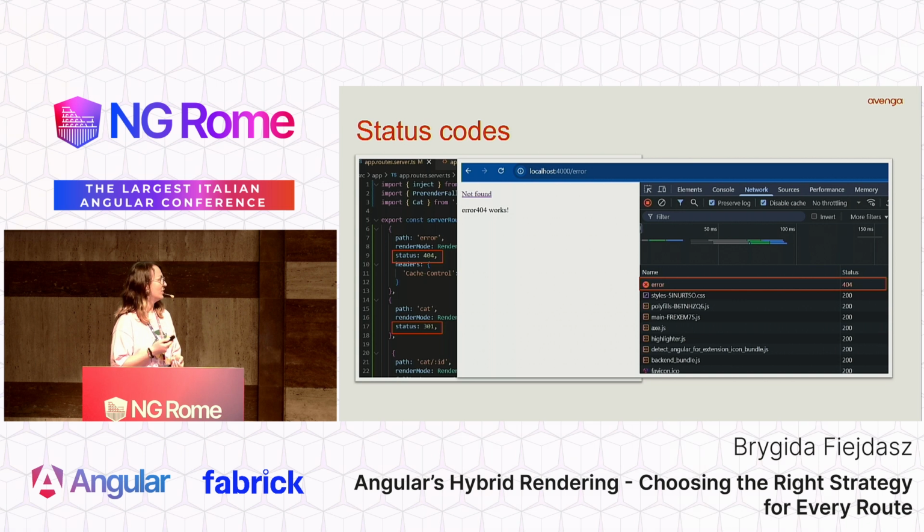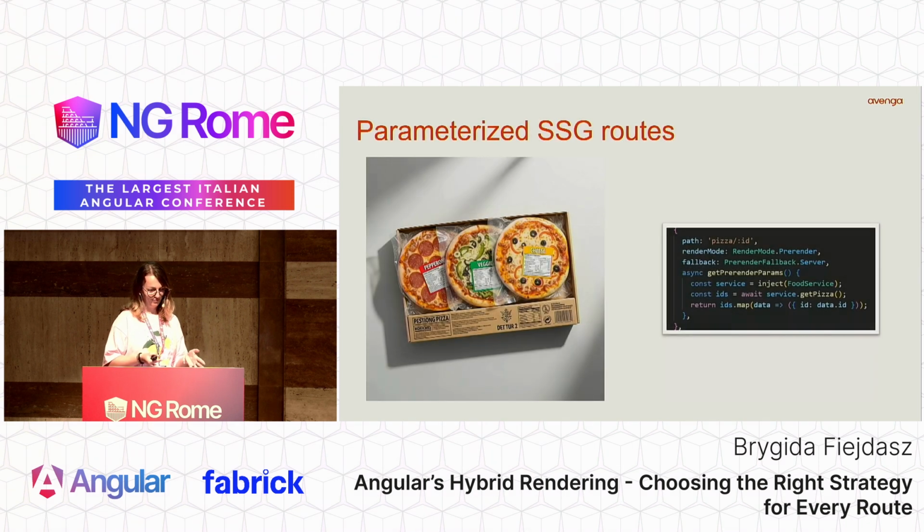Okay, but this is not everything. It's time for SSG with parameters. You probably remember that I said before, by default, all routes with parameters are server-side rendered, but you can change it.